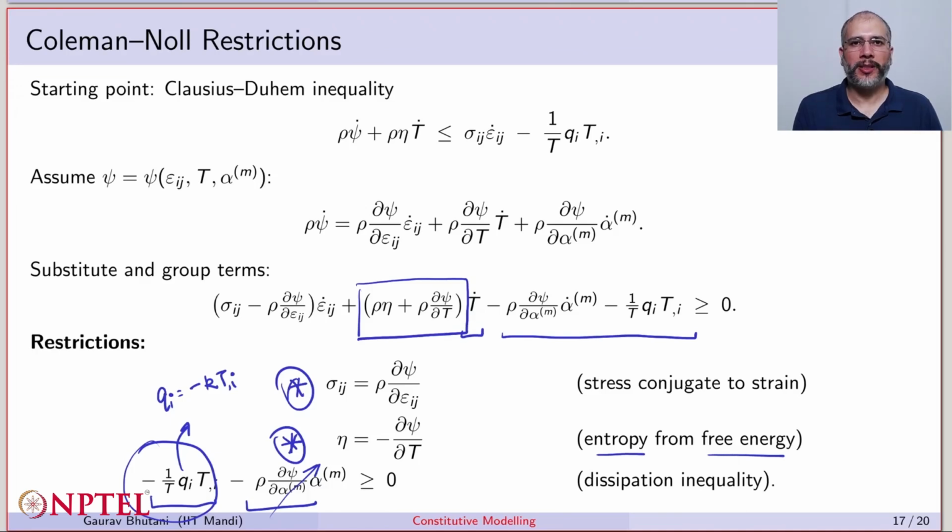So what we have seen is that the second law of thermodynamics provides some restrictions on the choices for the constitutive models. The chosen models must satisfy these restrictions, and only then are they admissible.